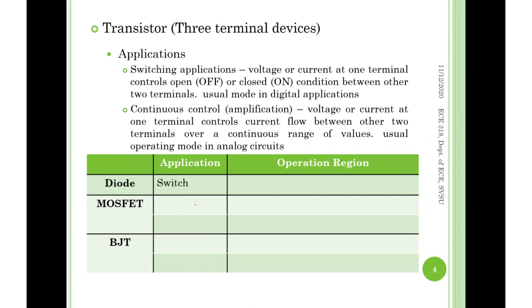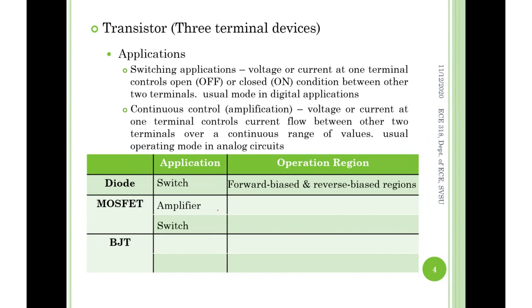The diode can only be used as a switch, on and off, 2 states, very simple. Either forward biased as on, or reverse biased as off. The diode is super easy. The transistor, MOSFET, could be either switch or amplifier.